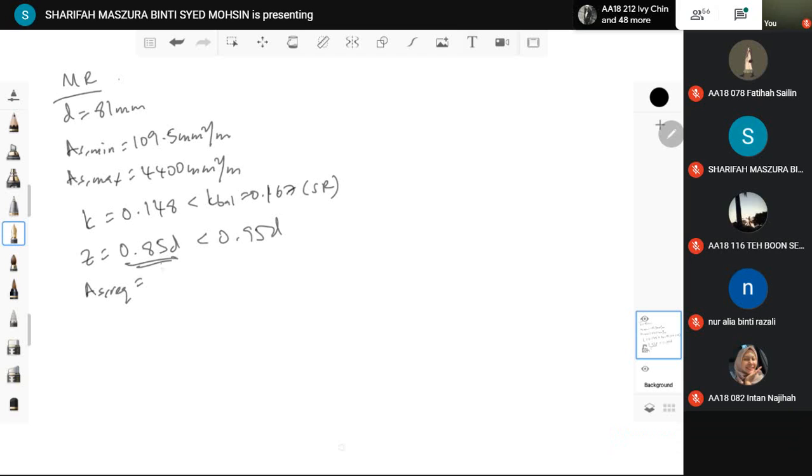As required, we get 811.7 millimeter square per meter.